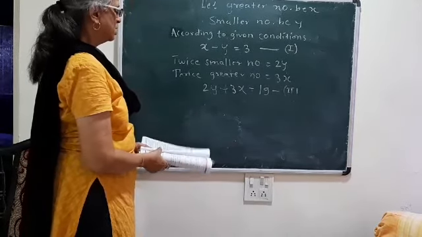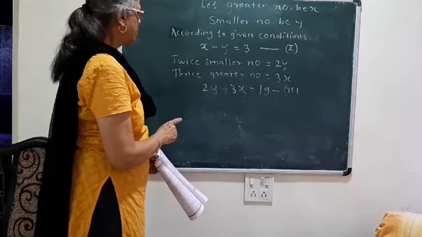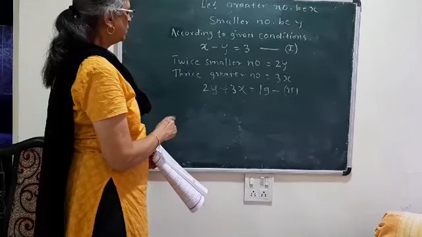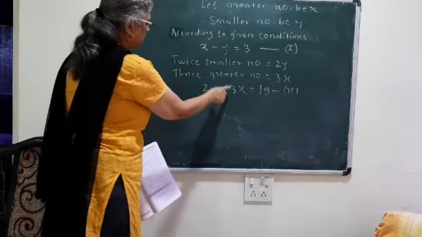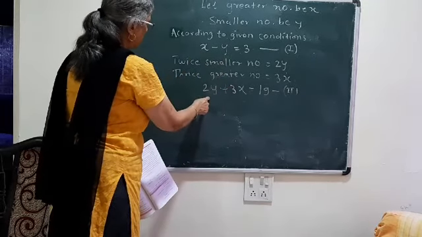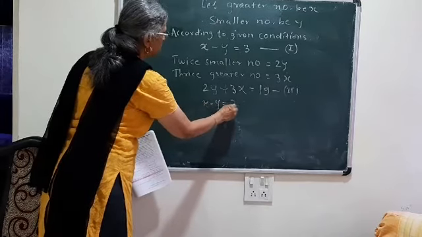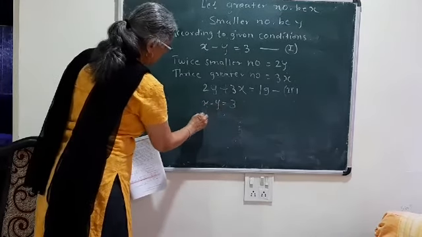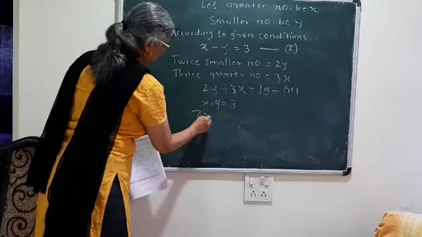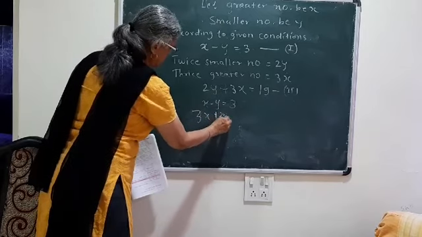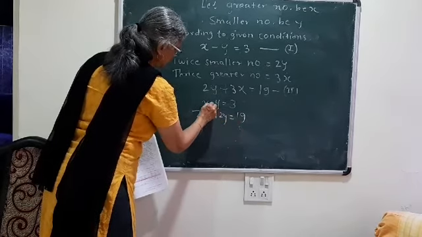Find the numbers. So these are the two equations formed. We write one below the other: x below x, y below y. Here x minus y equal to 3 is the first equation. Here 3x plus 2y is equal to 19.